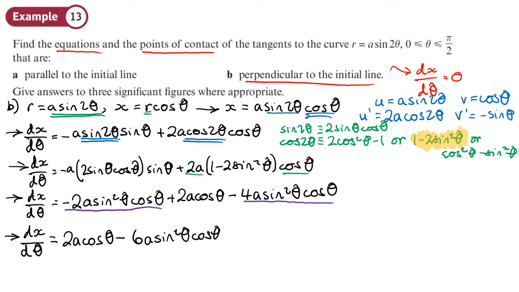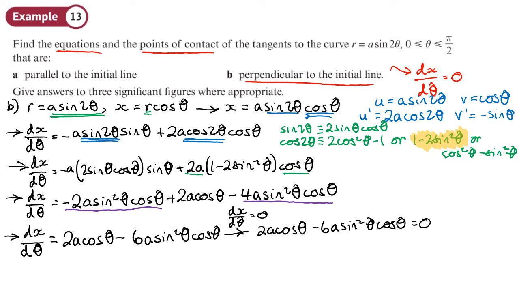Right, we want to make this equal to 0. So dx d theta equals 0 will be the next step. So if I make it equal to 0, I will have, and I'll write it all out, 2a cos theta minus 6a sine squared theta cos theta equals 0.